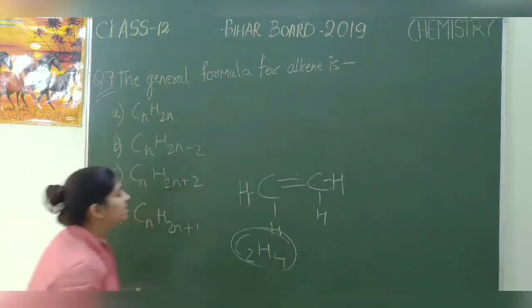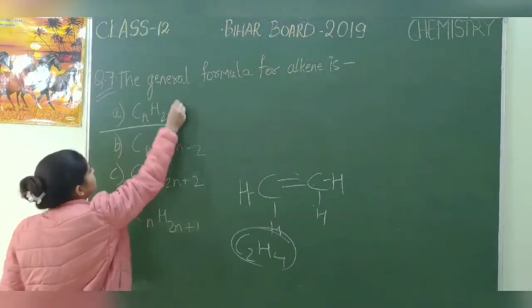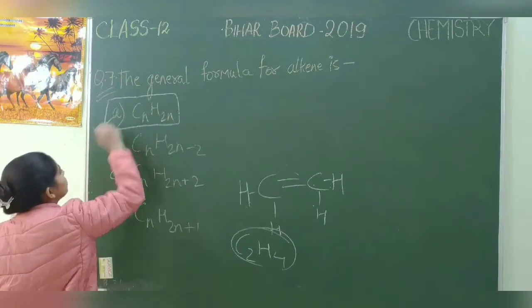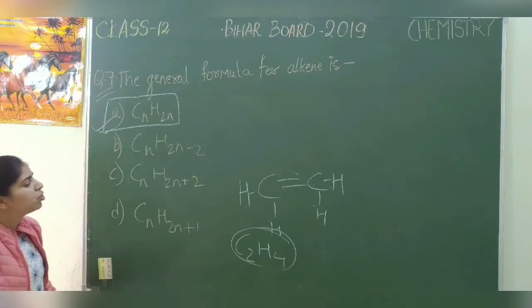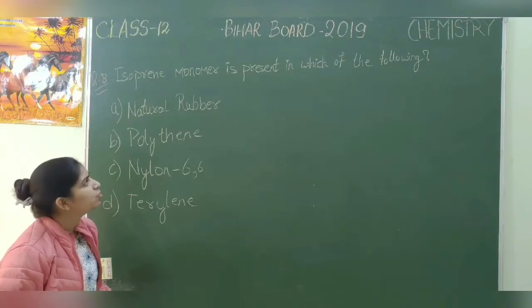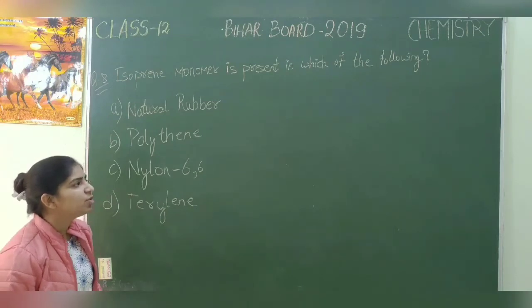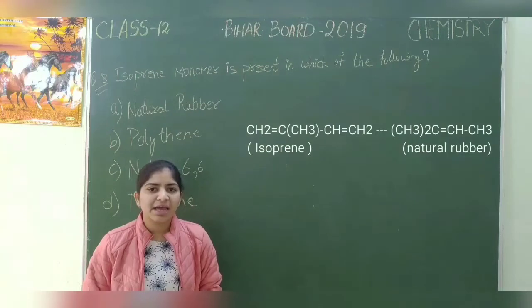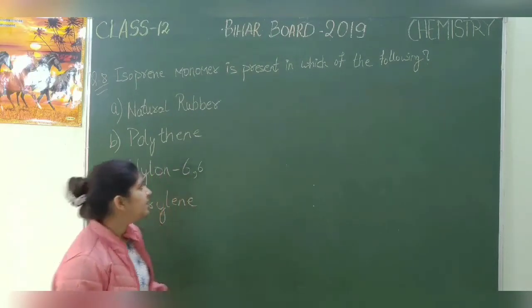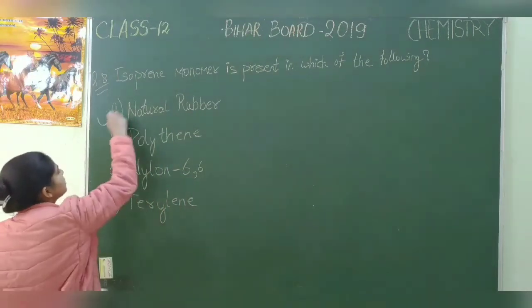We can say that our option is A, CnH2n. Now you can take a screenshot. Next question, that is, isoprene monomer is present in which of the following? Isoprene is 2-methyl-1,3-butadiene. So it is present in the natural rubber.